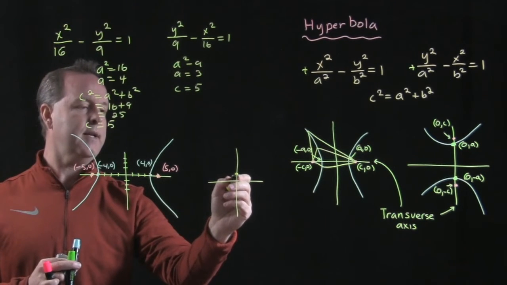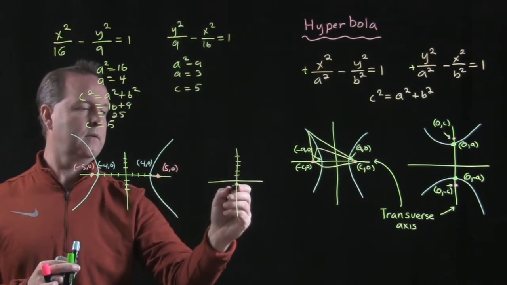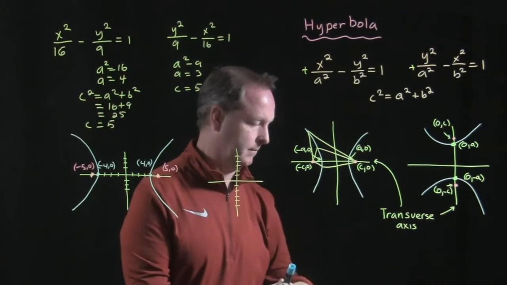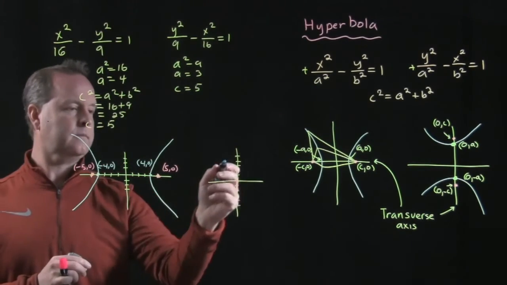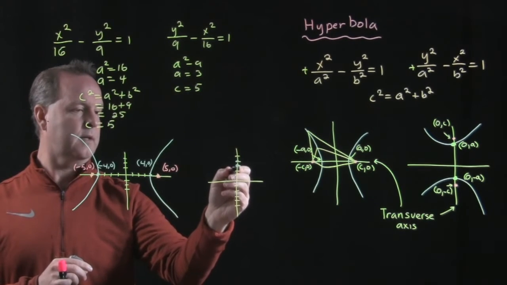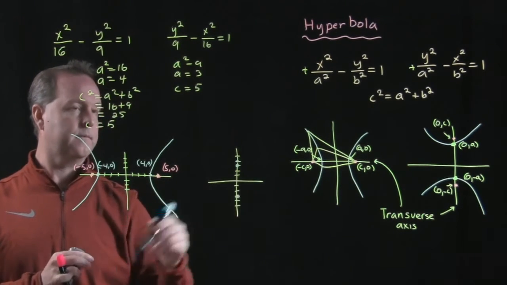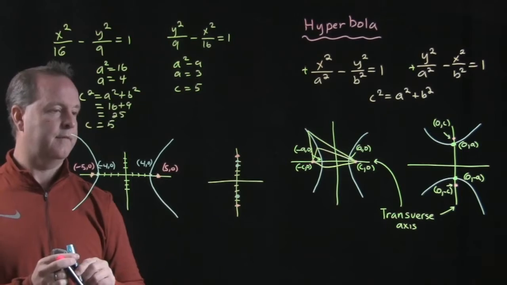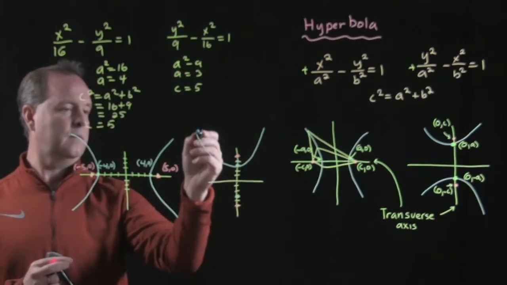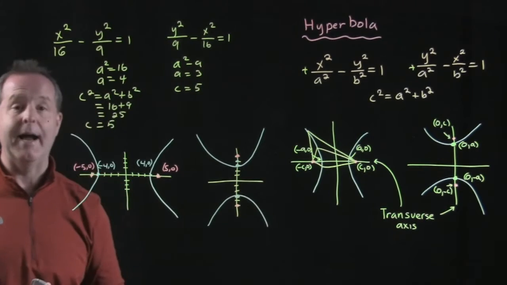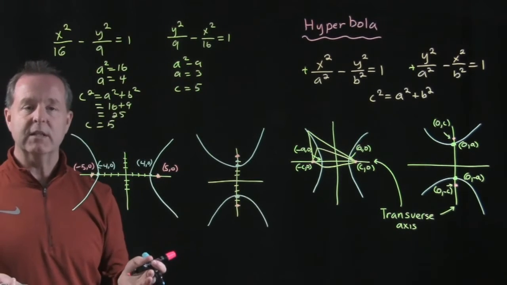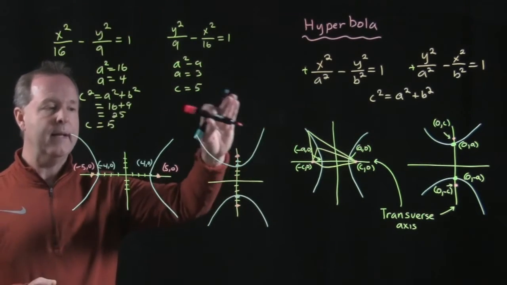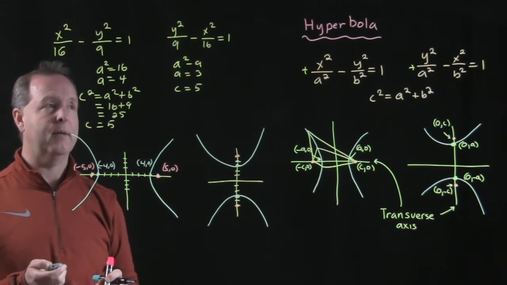I have vertices up 3, and down 3. I have foci up at 5 and negative 5. And from there, we can get a rough sketch of what that hyperbola looks like. So that's a little bit of an introduction to the hyperbola in standard form, and the general shapes of what these hyperbola graphs look like.